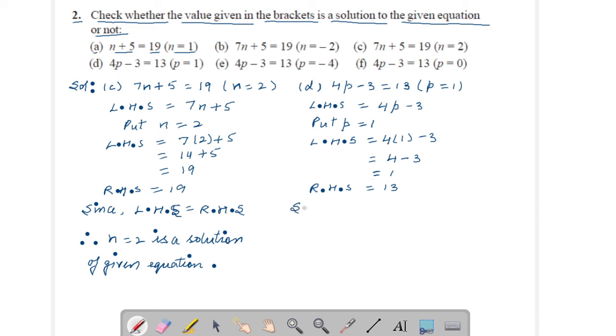Since left hand side is not equivalent to right hand side, therefore, sorry, p equal to 1 is not the solution of given equation.